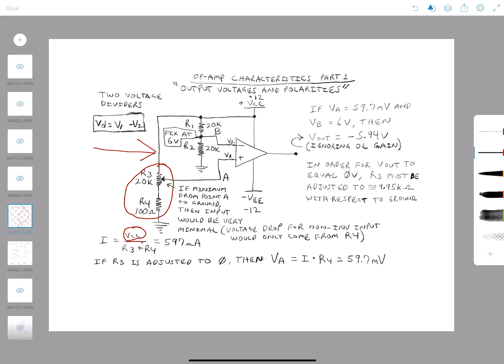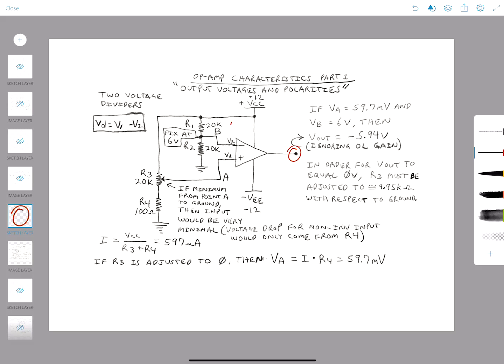We have VCC of 12 volts, so we have our 12 volts here, we added up both of these, and our total current came out to be 597 microamps. So now we have our total current for that part of the circuit. 597 microamps.